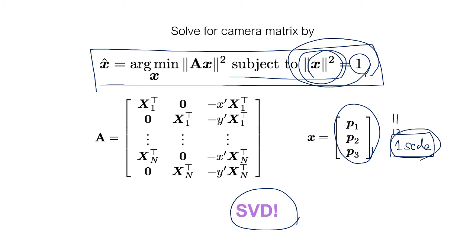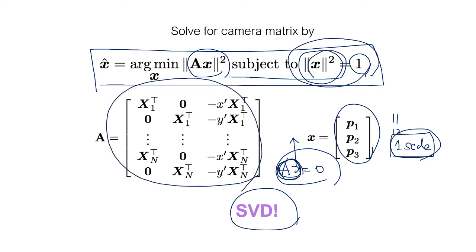And we want to minimize Ax, because our equation is Ax equal to 0. By minimizing the value of Ax, we find an algebraically minimal solution for this equation. Finally, we can obtain the P matrix by solving this equation using SVD.